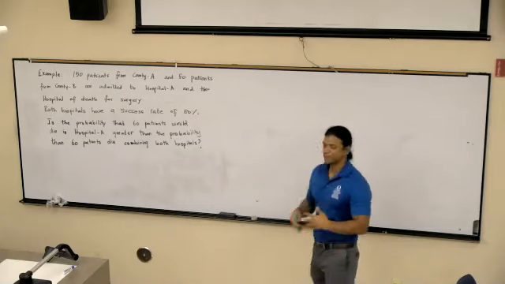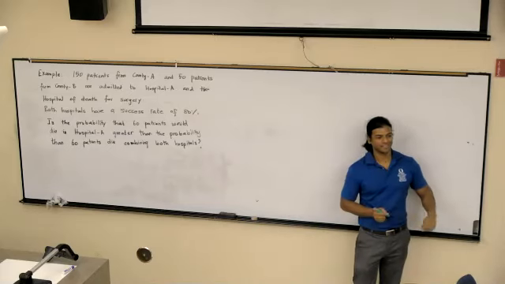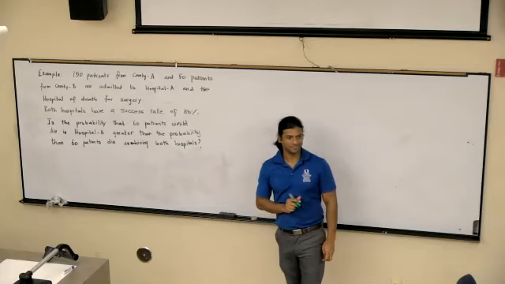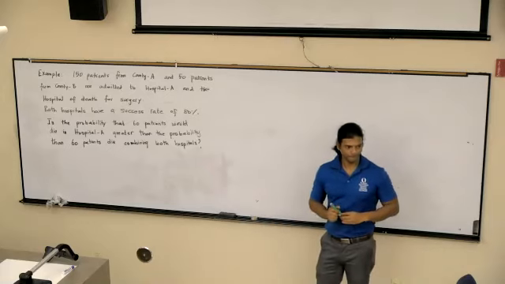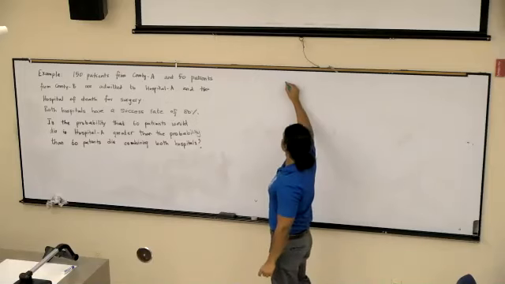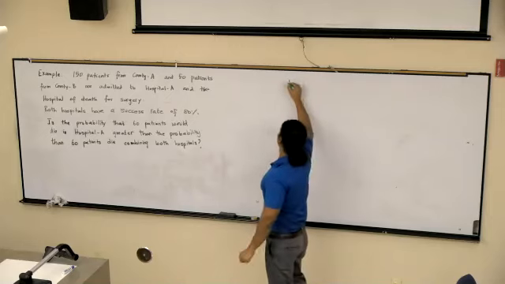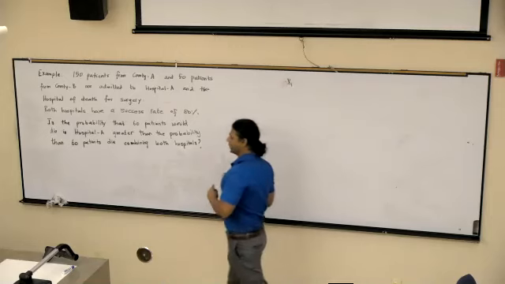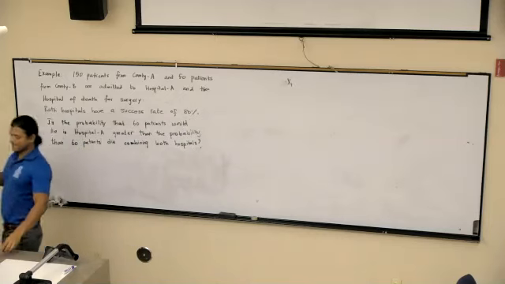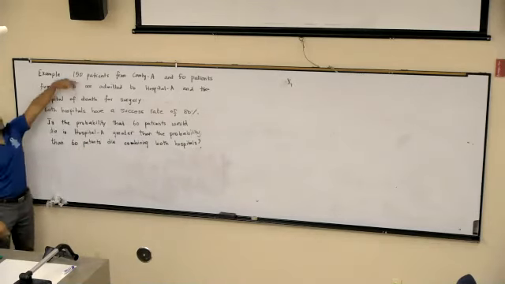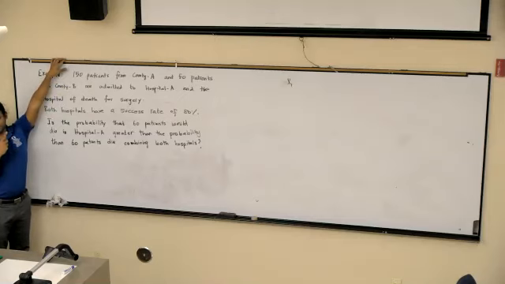But we're talking about the patients also. The patients are coming from one county and another county, they're separate counties. So we can easily make an assumption that they are independent because these 150 patients come from county A, 50 patients come from county B.